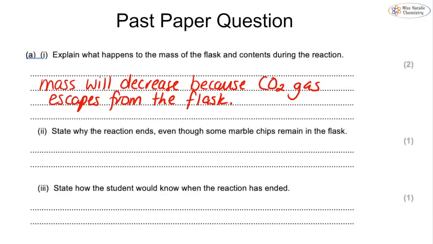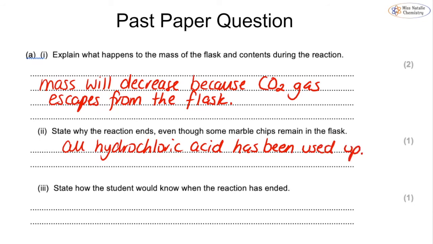So that is because all the hydrochloric acid has been used up. Or the hydrochloric acid has reacted, there's not enough acid to react with the marble chips, something to imply that there is no more hydrochloric acid left.